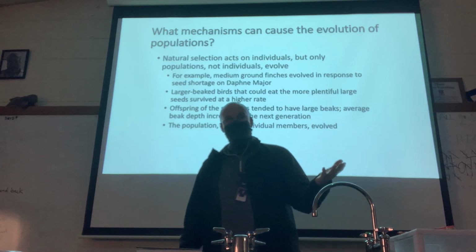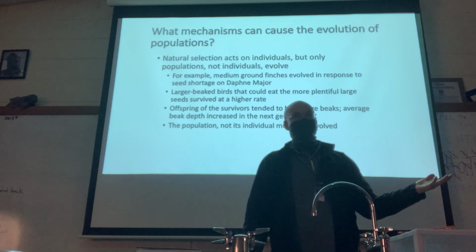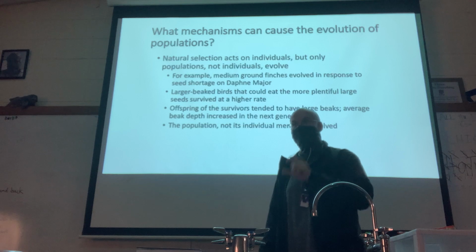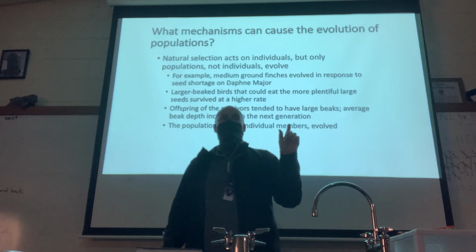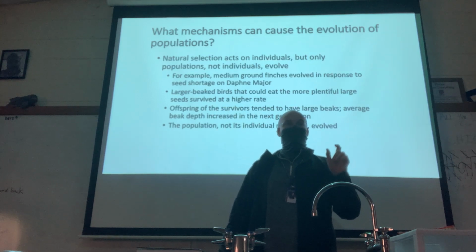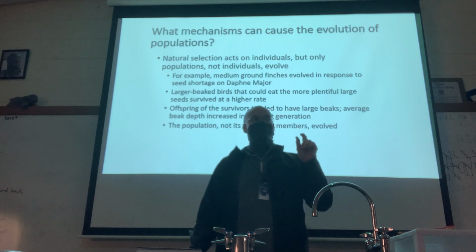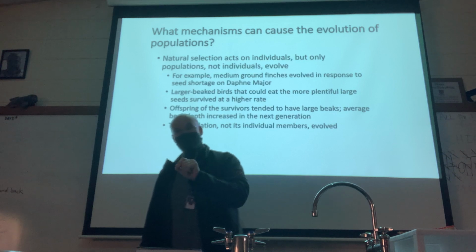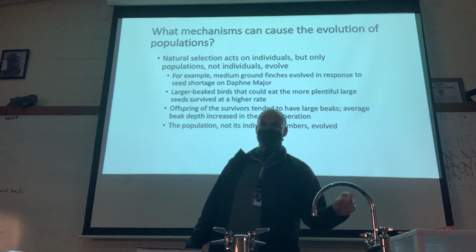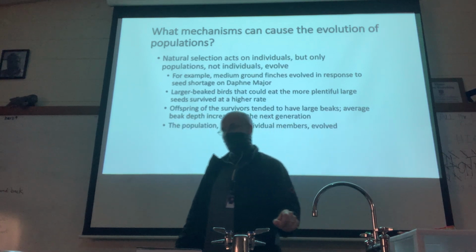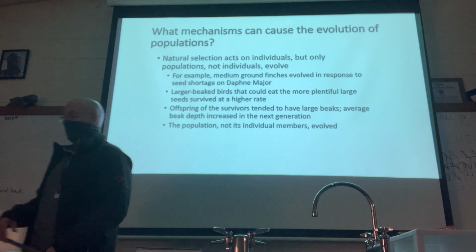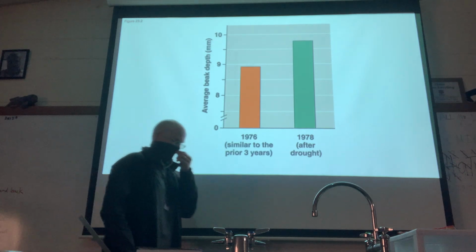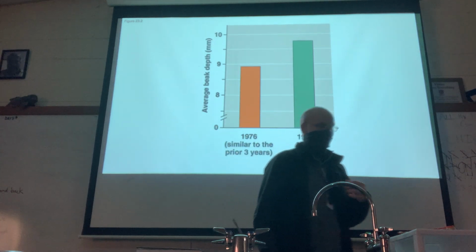And what they discovered back in the 70s was that during a severe period of drought, the beaks of these populations began to show small changes. And they were able to point out how that was related to environmental changes. So here's what they found data-wise, or a little snippet of their data.